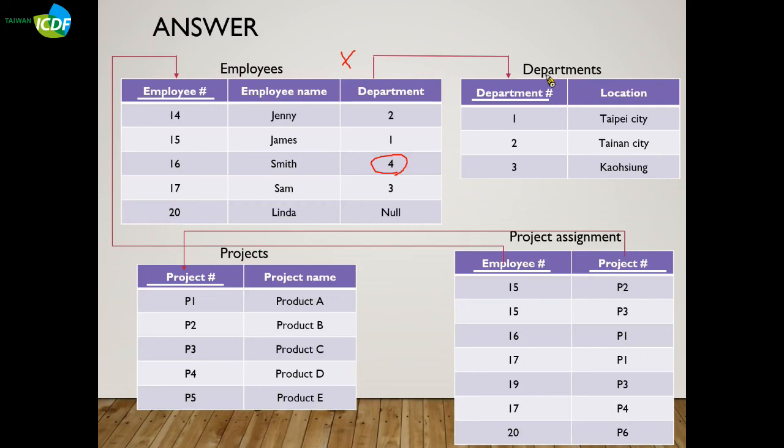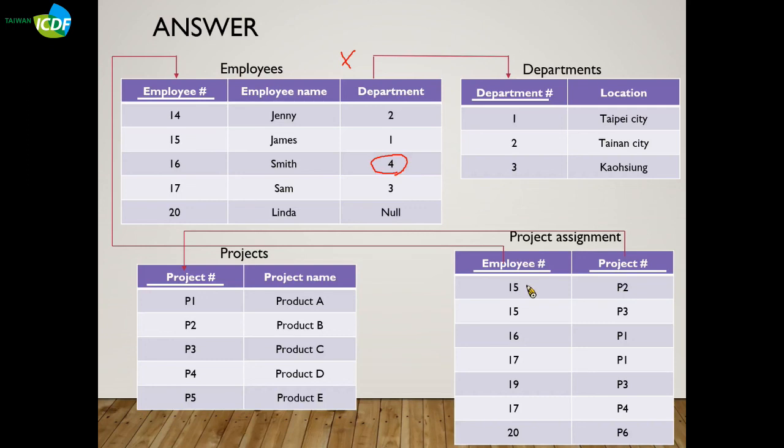As to the department table and the project table, they have no foreign keys, so here we don't need to check their referential consistency. In the project assignment, there are two foreign keys, the employee number and the project number. So we have to individually check each foreign key to confirm its referential consistency.